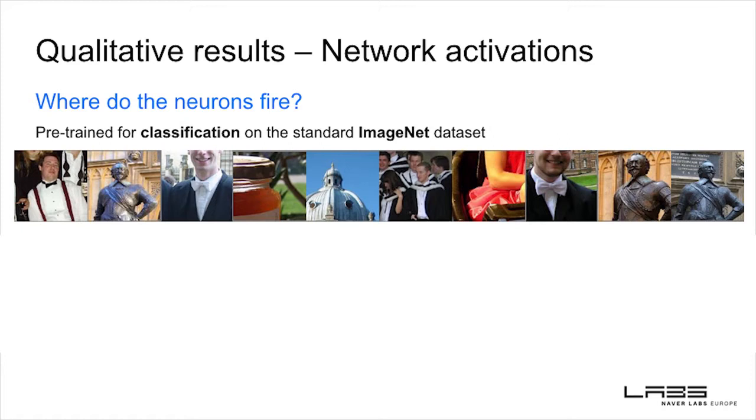So we see that these neurons tend to fire on head and shoulders, maybe of people wearing formal clothes, maybe bow ties, right? So that's the kind of pattern that is chosen by this neuron. This is a neuron after training on this ImageNet classification.